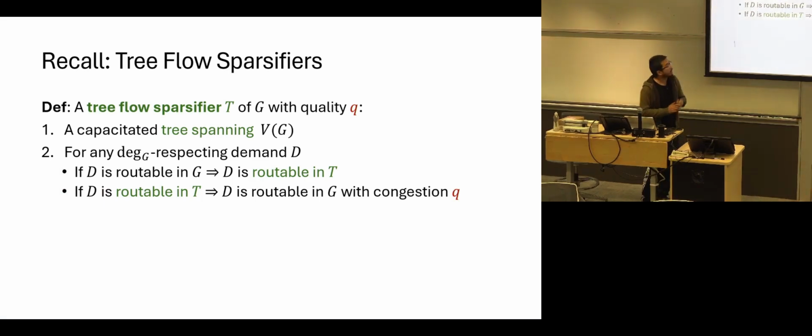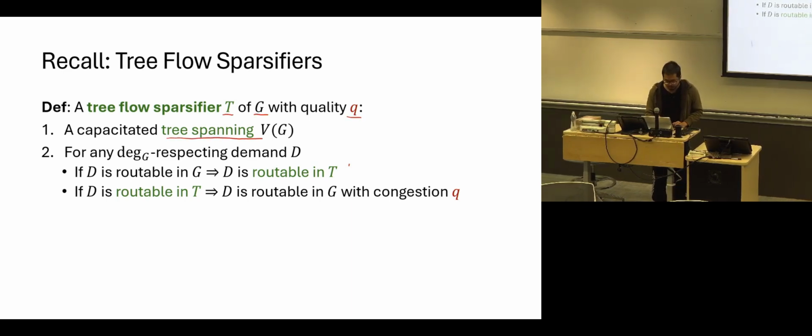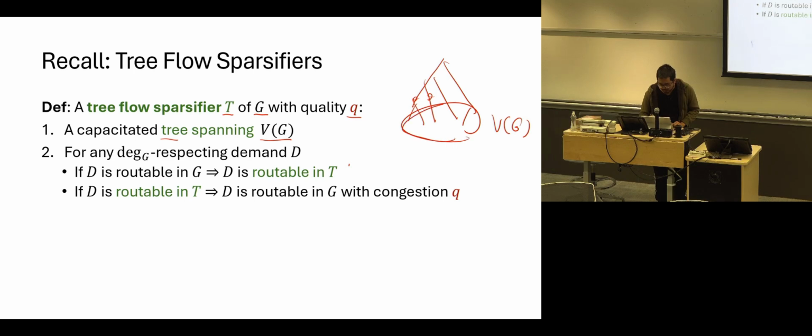Recall that a tree-flow sparsifier of the graph with quality Q is just a tree that spans the vertex set of G, but it can have something else, right? This is the vertex set of G, and the tree has some other nodes here.